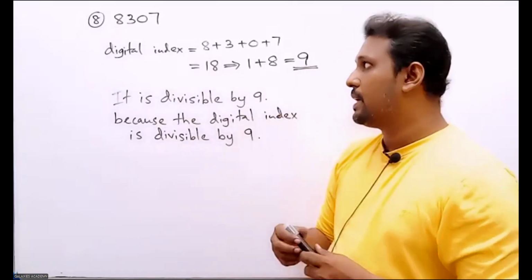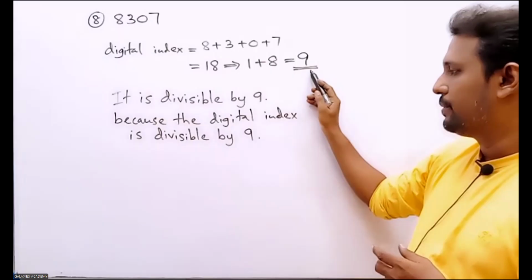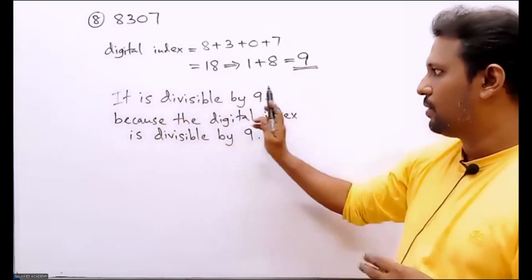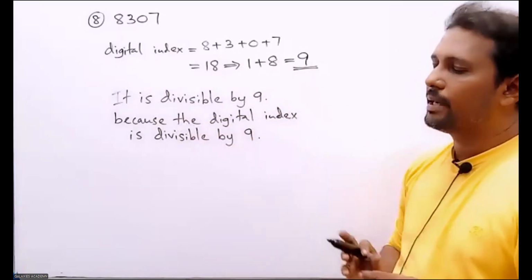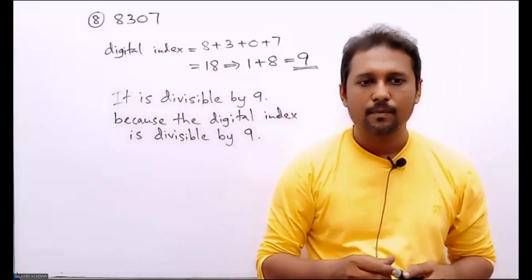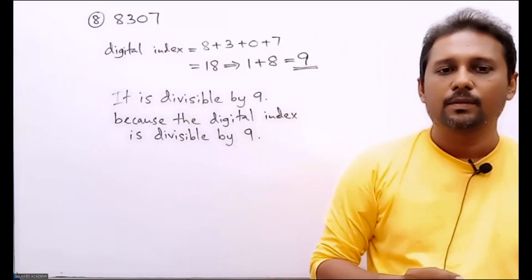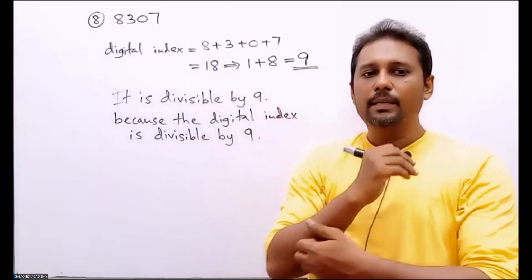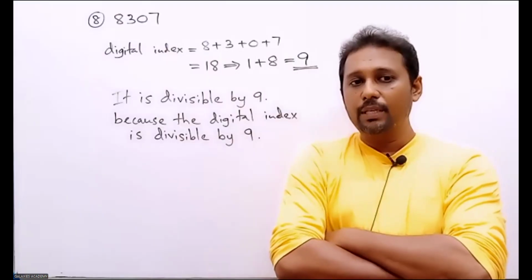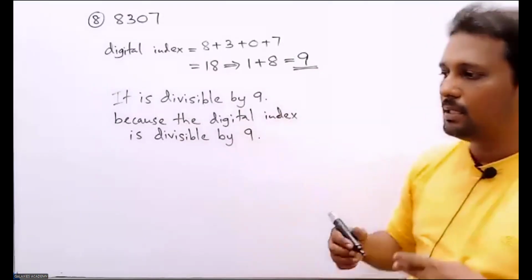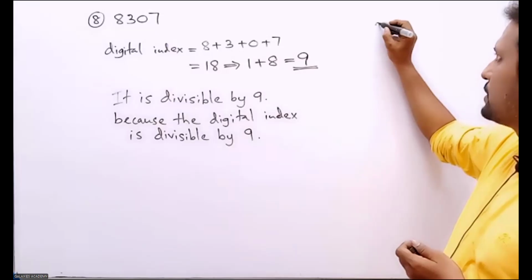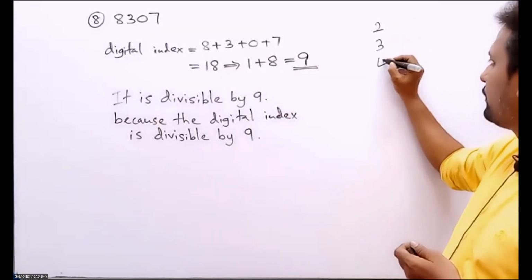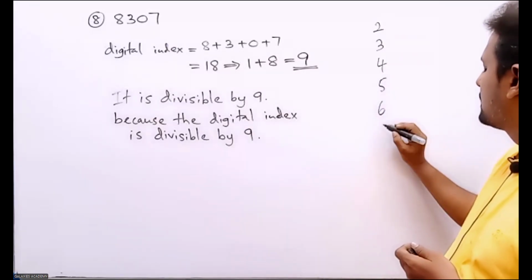These all things you have to write, no? You have to write whether it is divisible by 9 or not. Then also you have to write the reason. Then also revise how you can determine the numbers divisible by 3. Already we discussed how you can determine the numbers are divisible by 2, 3, 4, 5, 6.